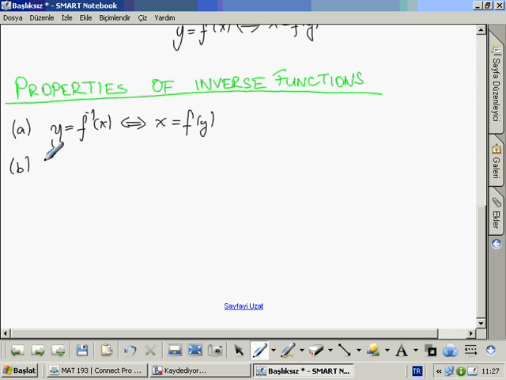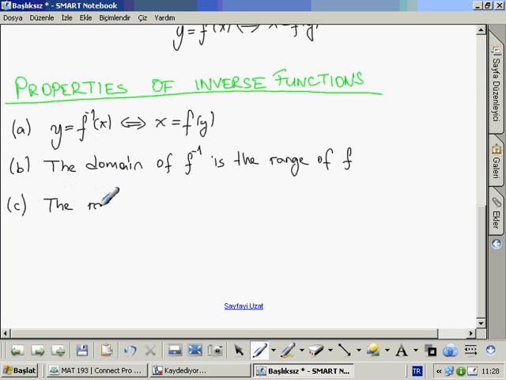B, that's important: the domain of inverse f is the range of f function, and C, the range of inverse function is the domain of f function.